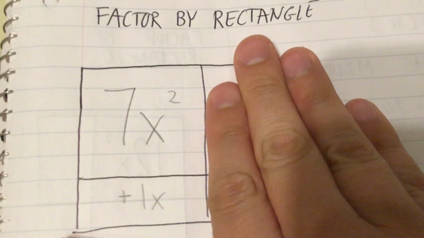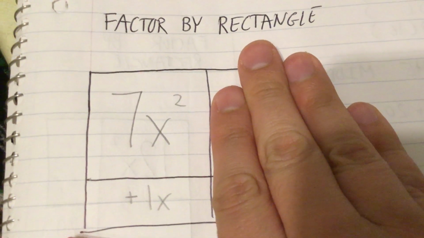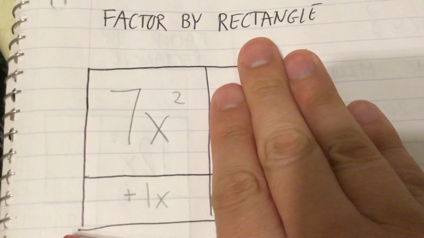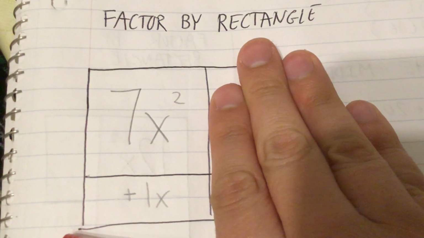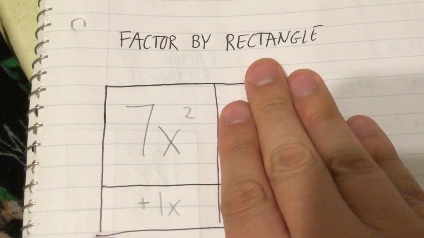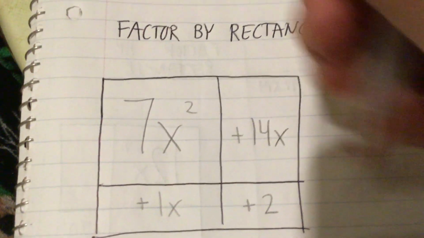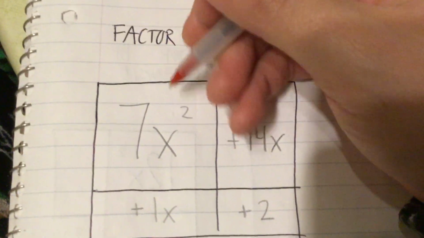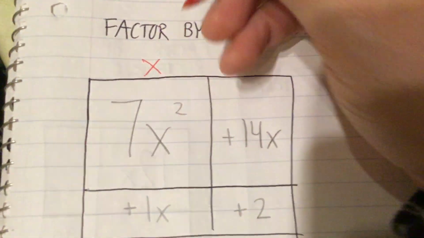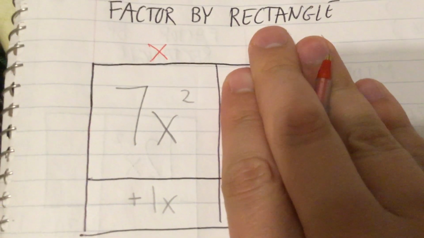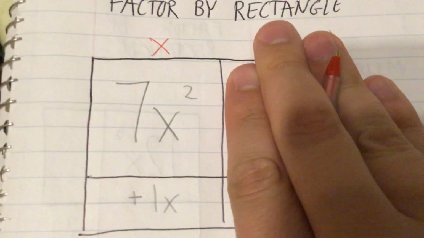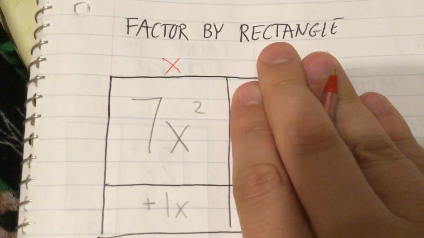What can I take out of 7x squared and positive 1x? Well, the GCF of 7 and 1 is 1, so that doesn't really help me. But the biggest number I can take out of x squared and x is just x. So if I factor out an x from 7x squared and positive 1x, now I'm in business.